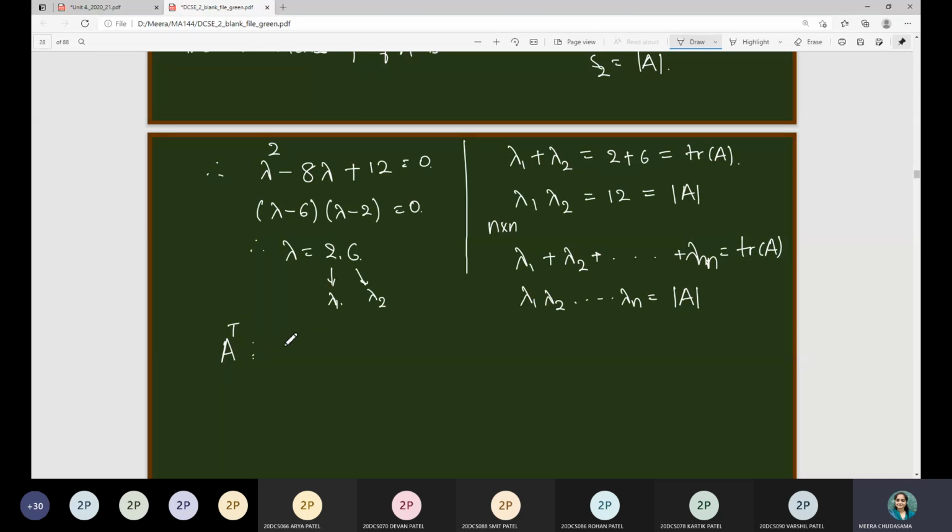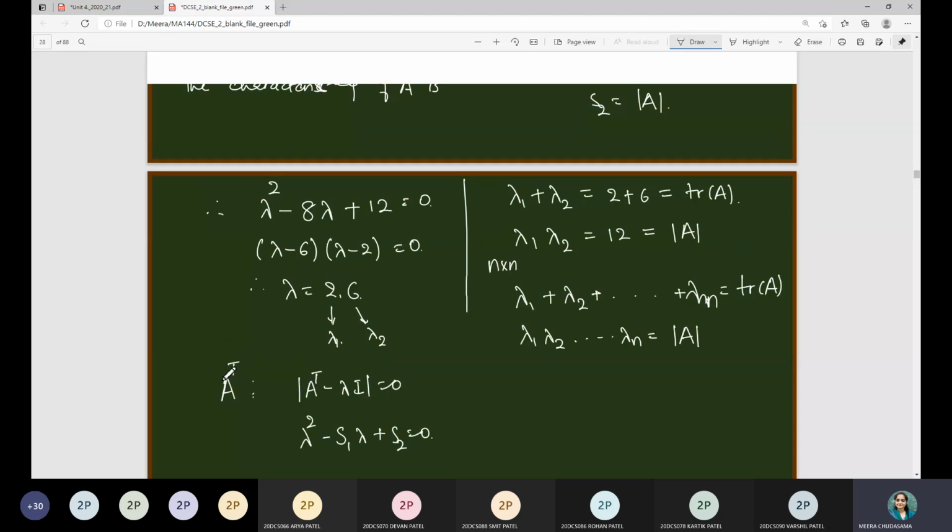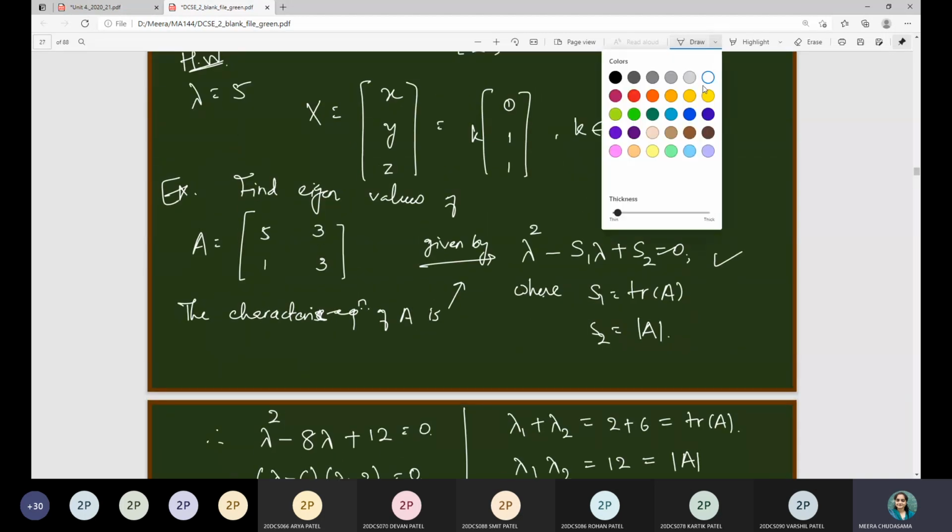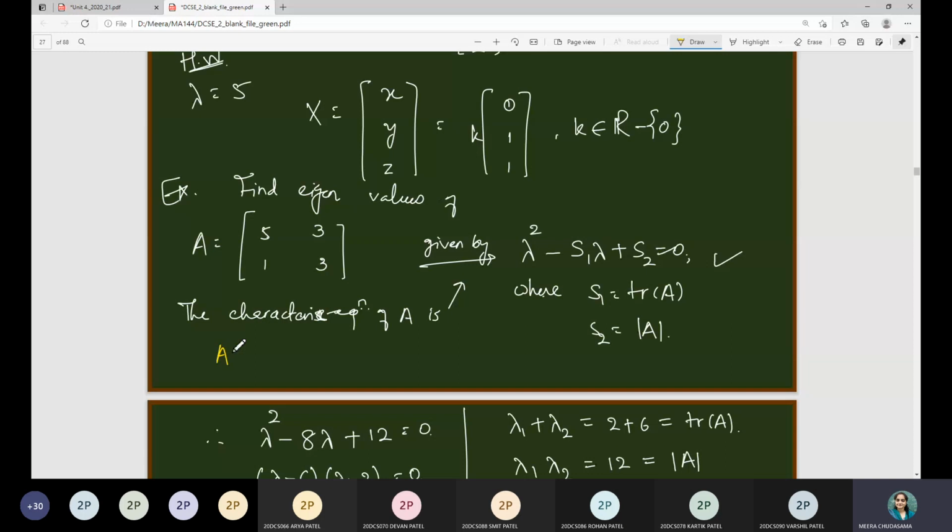So to find A transpose, you would have to consider the characteristic equation and all those computations, or you can use S1 lambda plus S2 is equal to 0. But if I consider the transpose of this matrix, A transpose will be 5, 3, 1, 3.